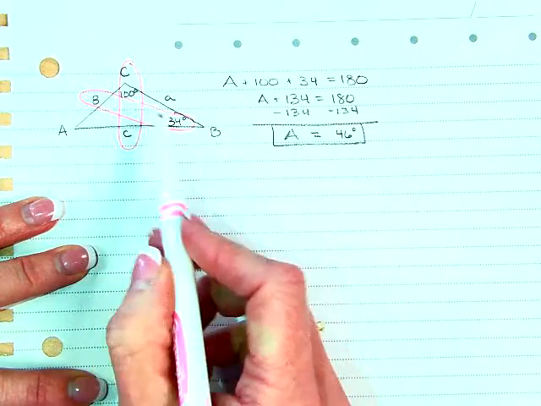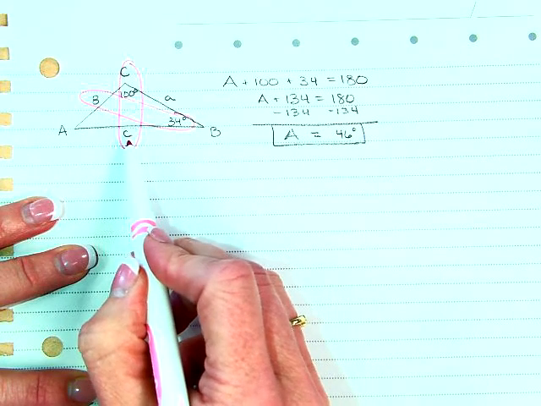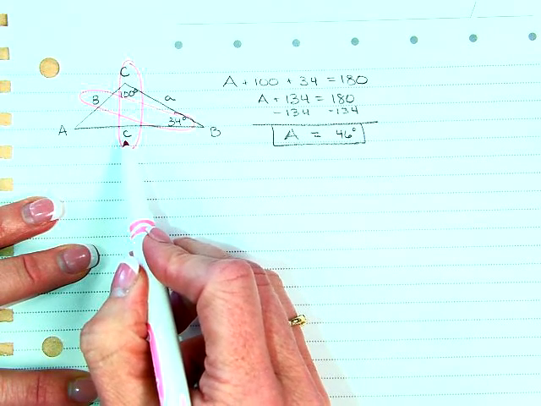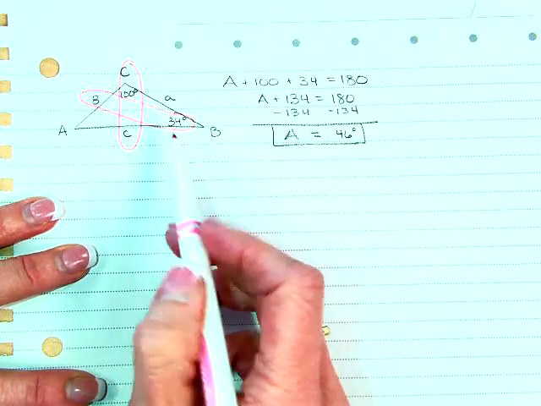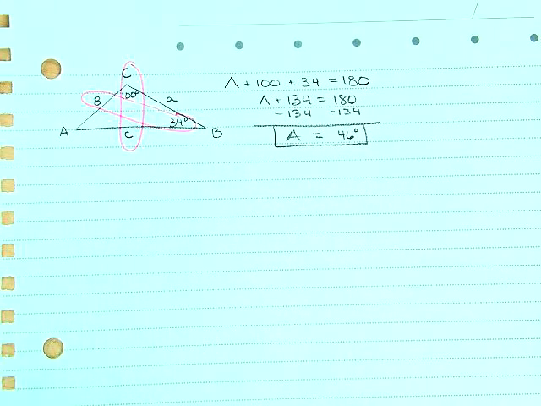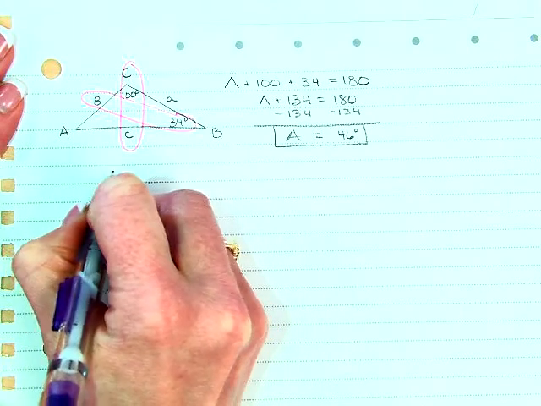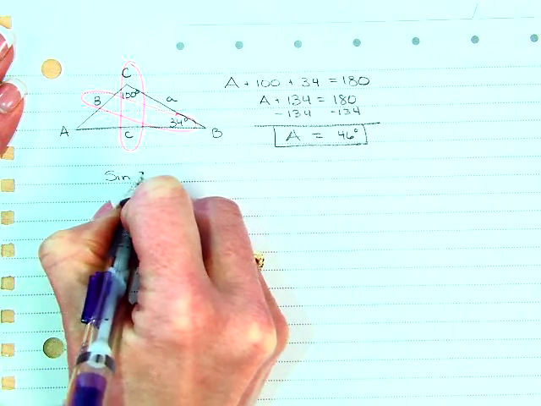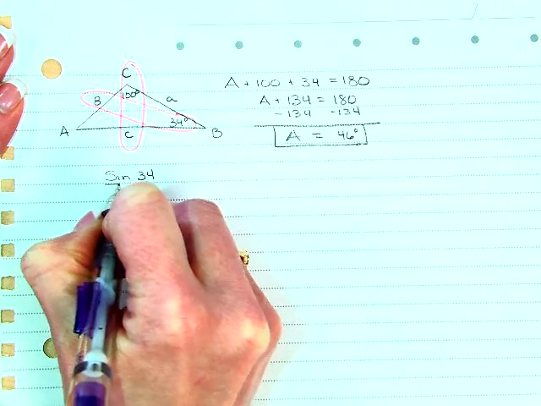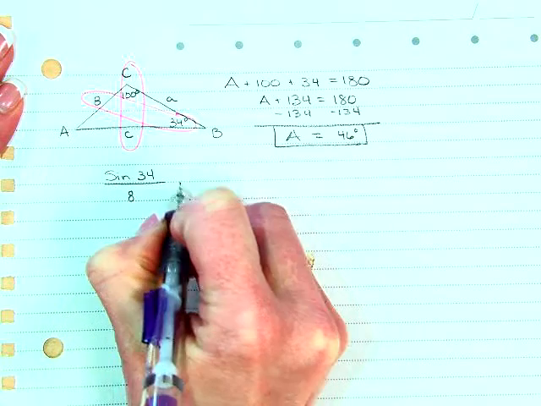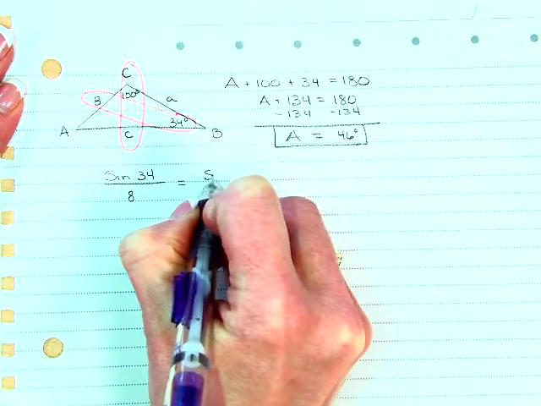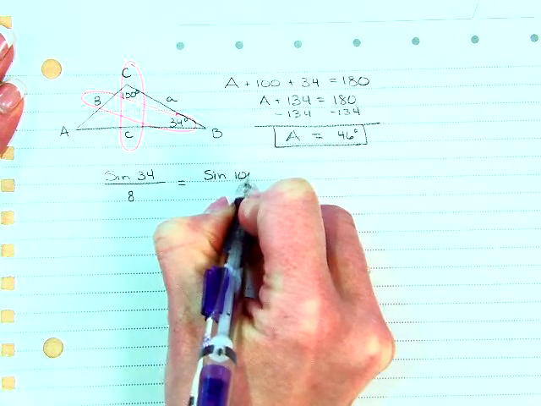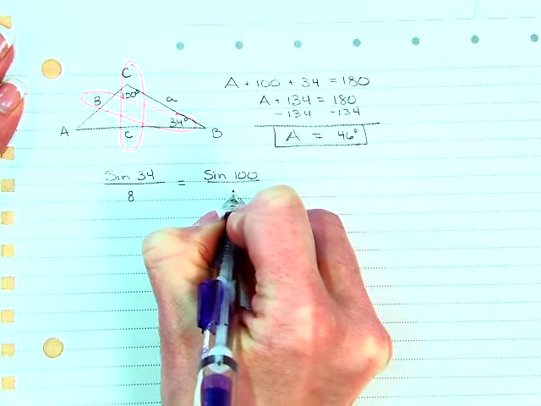But in those four pieces, I only have one missing part in the opposites. That indicates that I want to use the law of sines. So I'm going to set it up like this: sine of 34 over 8 is equal to the sine of 100 over c.